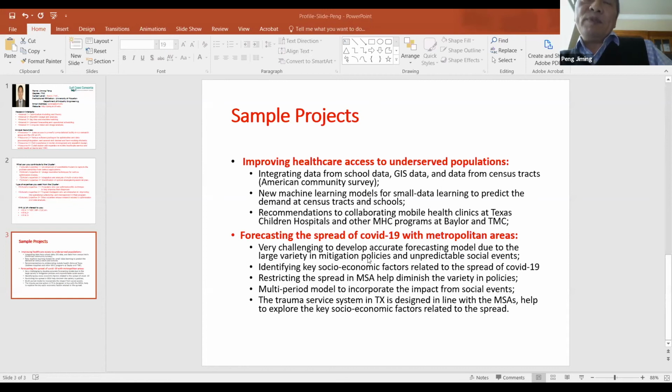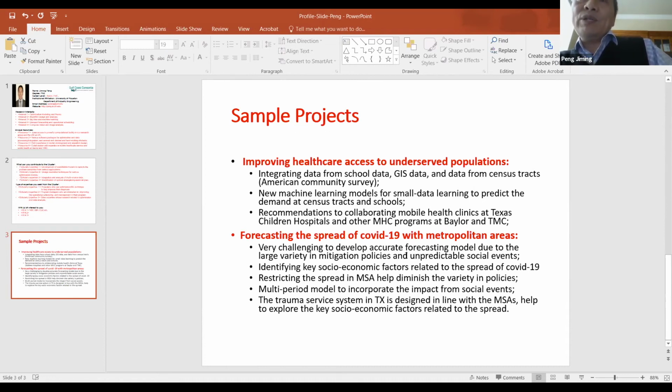My group is also working on forecasting the spread of COVID-19. We have come up with a new model. There are possibly more than hundreds of forecasting models, but we all know these models are hard to make accurate.